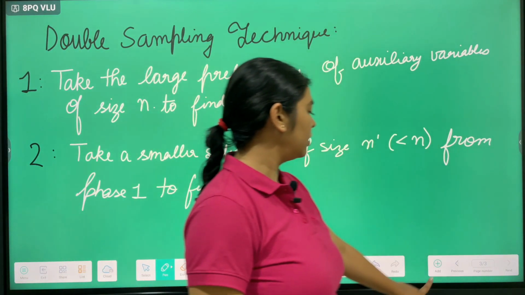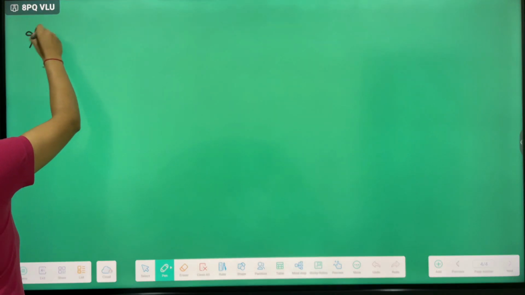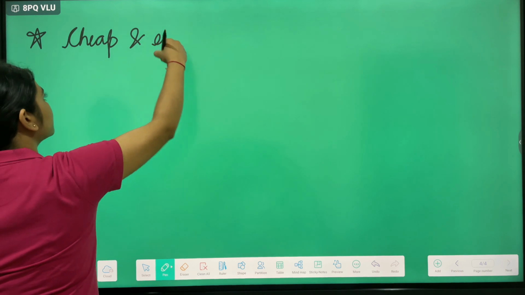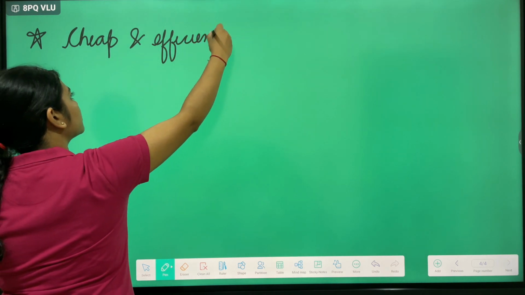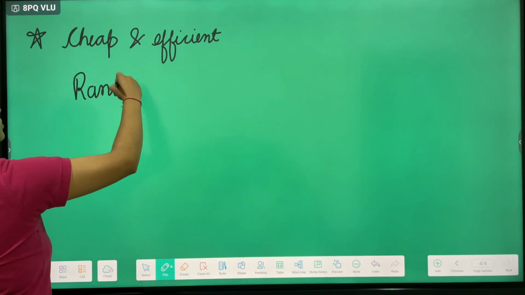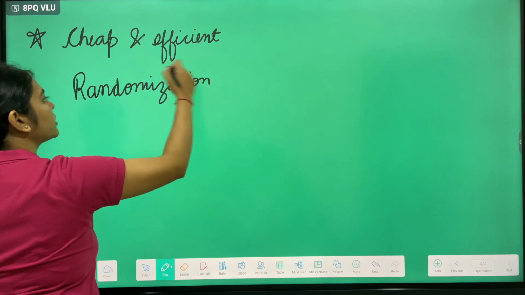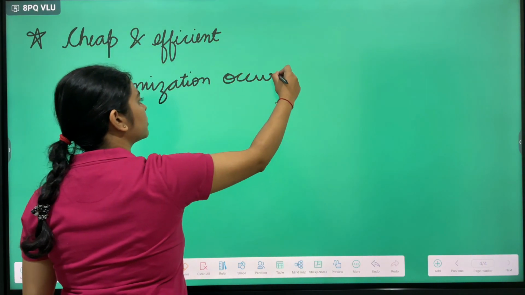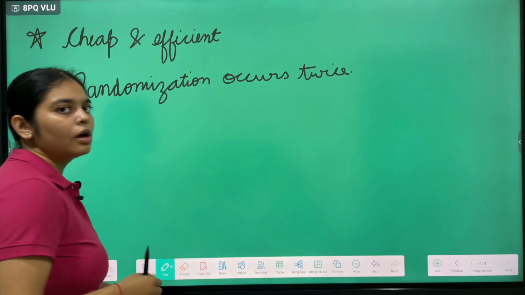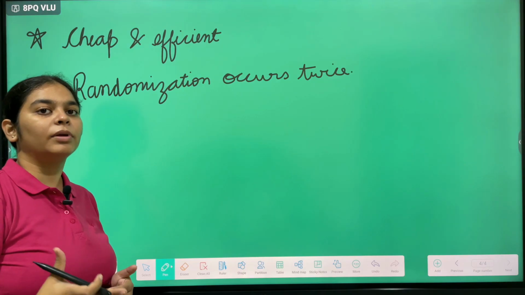Now, what are the characteristics of double sampling? It is cheap and efficient. Second is randomization occurs twice. In single sampling, randomization was only one time, but here, first of all, we are taking a random sample from the population, and then we are taking a subsample from the second sample.